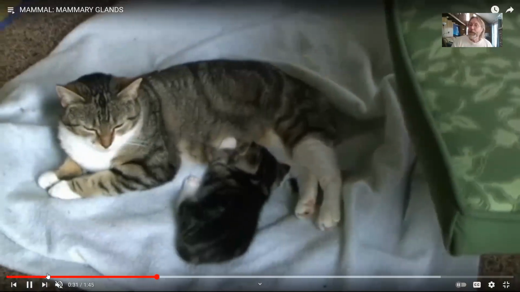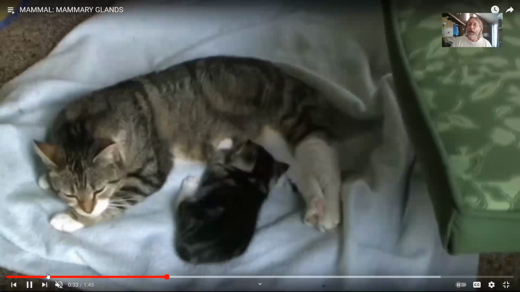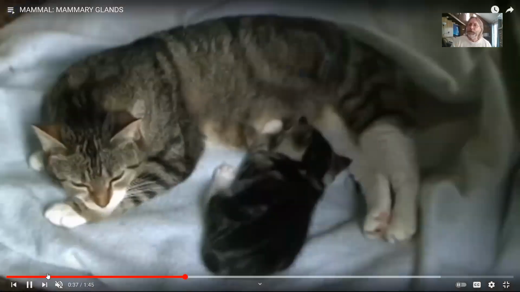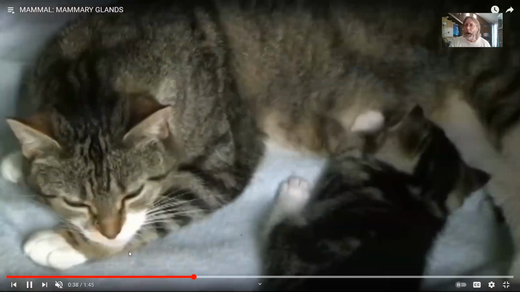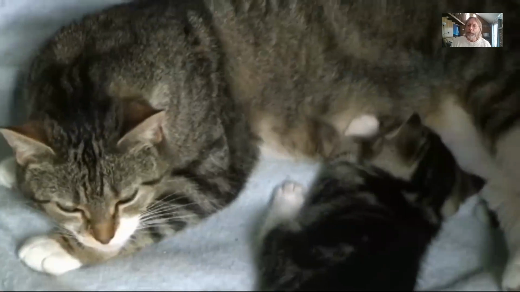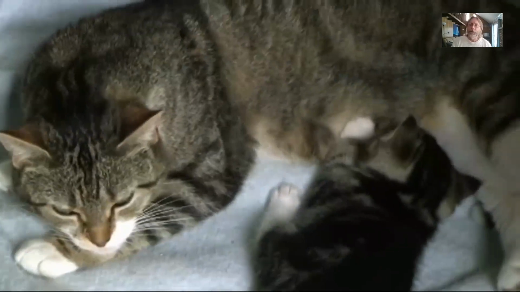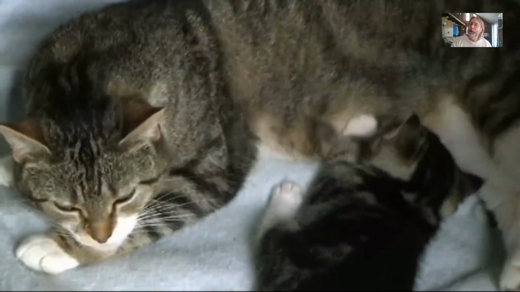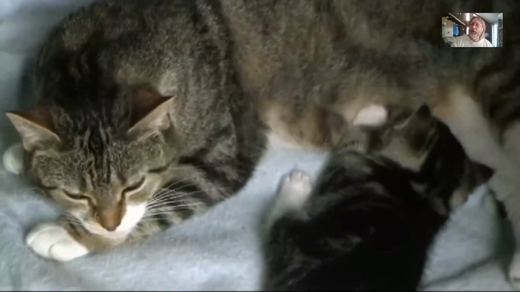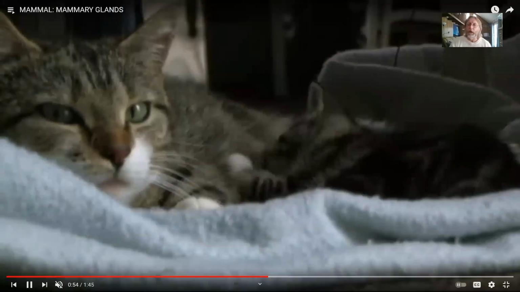There can be antibodies, there can be hormones, there can be microRNAs, there can be bacteria which help to establish a healthy microbiome. And so milk is obviously a very important and complex secretion for mammals. This has been a bit of an overview of the glands which are associated with the integument of vertebrates.